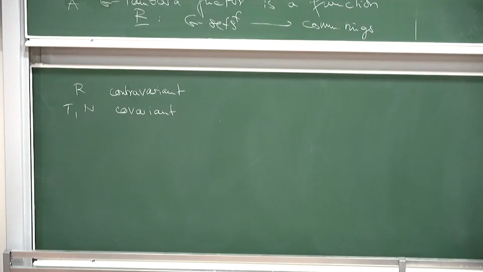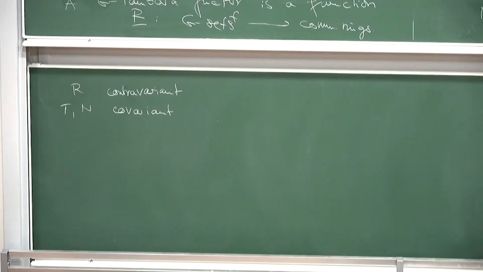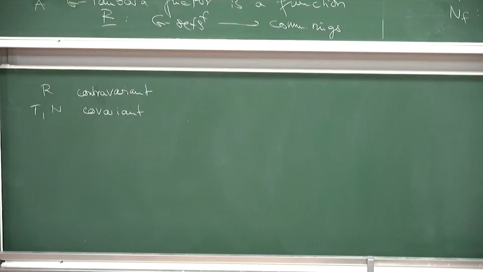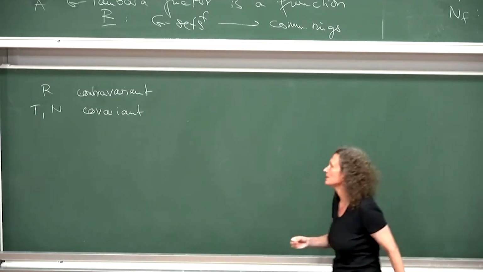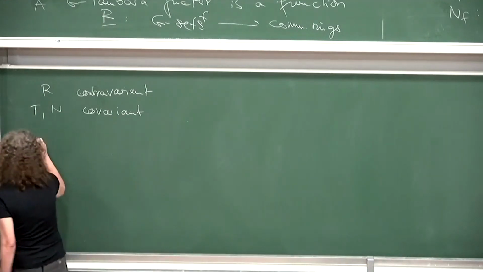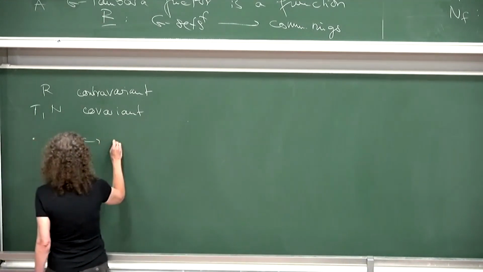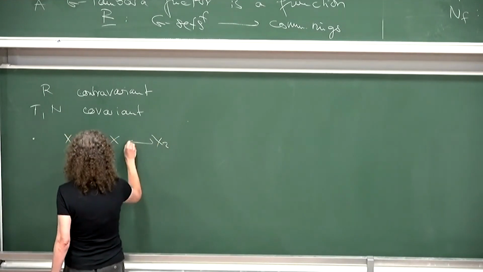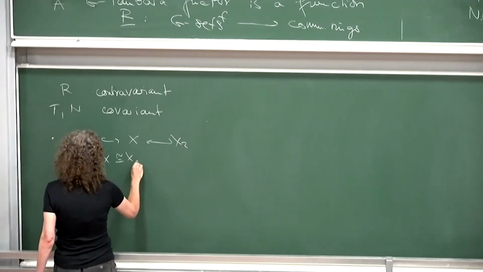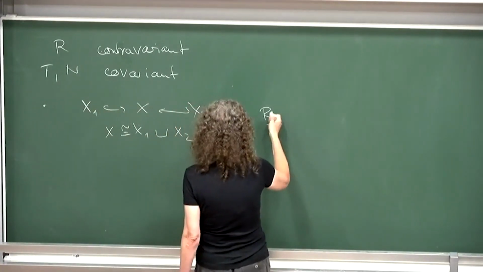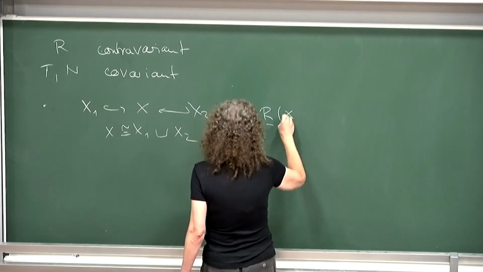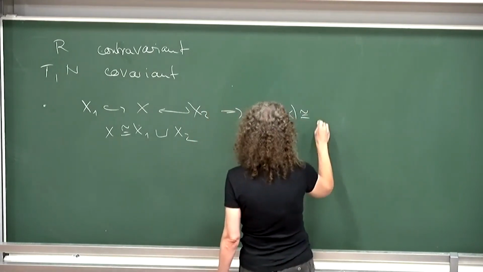And then there are some more axioms that tell you more about the interaction of these maps. And this is pretty complicated. But first of all, you want a decomposition property. So if you have an inclusion of G sets that witness that X is the disjoint union, then the same happens on the level of Tambara functors.